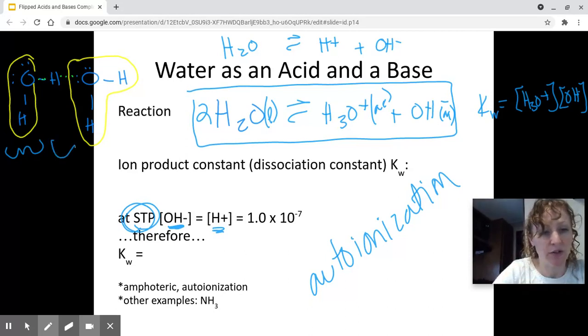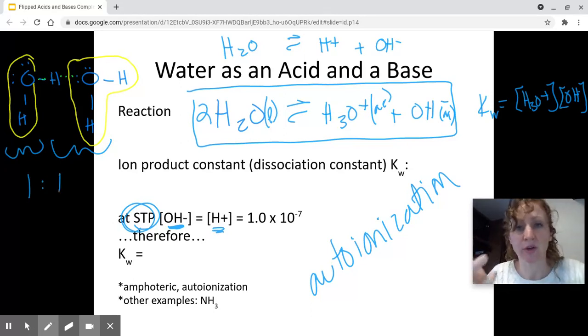You're going to end up with hydronium as the other ion. And these 2 ions are always going to happen in a 1-to-1 ratio. If 2 waters react, you get these 2 ions out. There's no other way to cut that cake, right? So the concentration of hydroxide is always going to be equal to the concentration of hydronium.